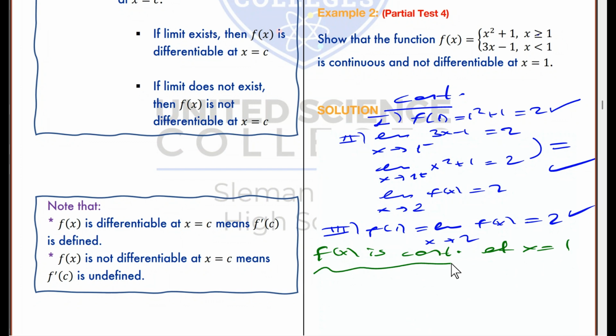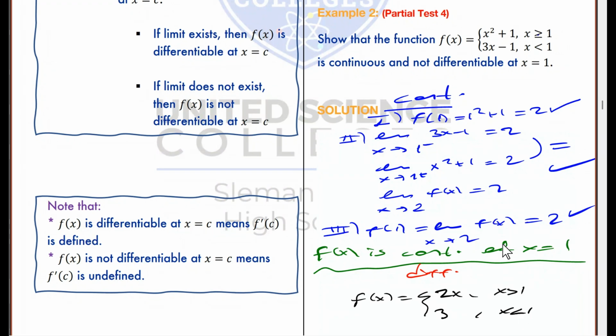Okay, now next step. I am not done. I am done with the first step, checking continuity. Now check differentiability. So you should take the derivative of each condition now. f prime of x equals the derivative of x squared plus 1, which is 2x, for x more than 1, and 3 for x less than 1.